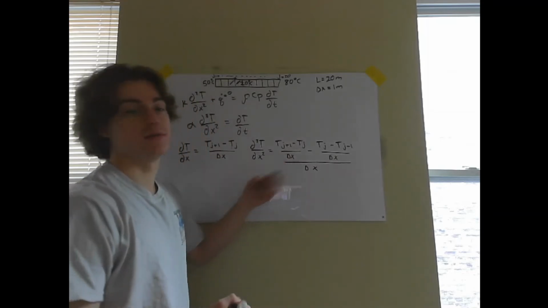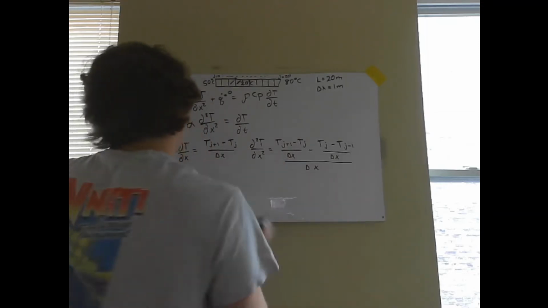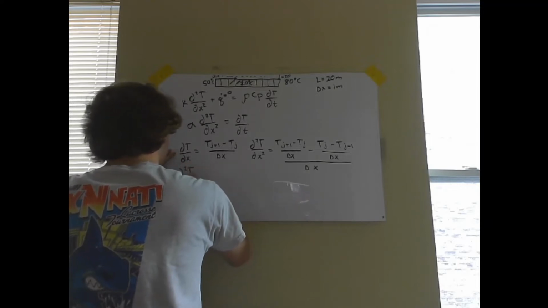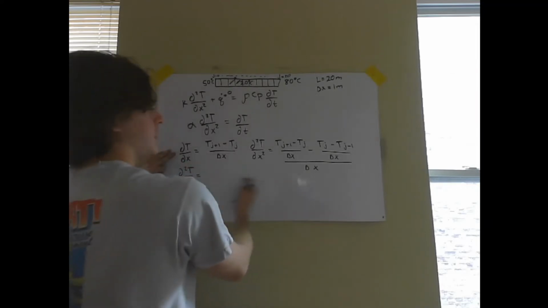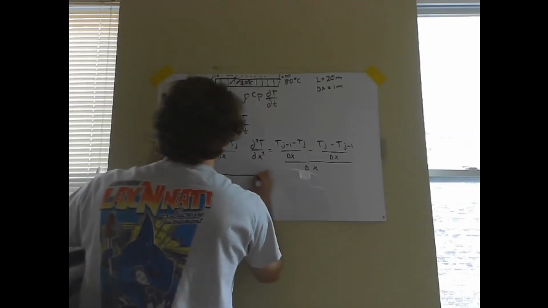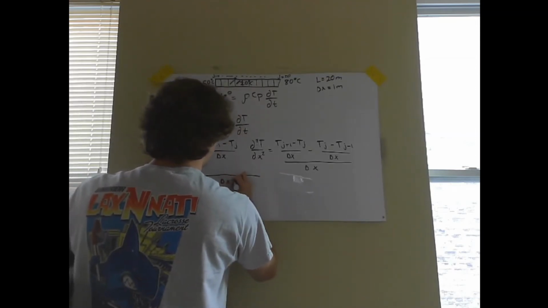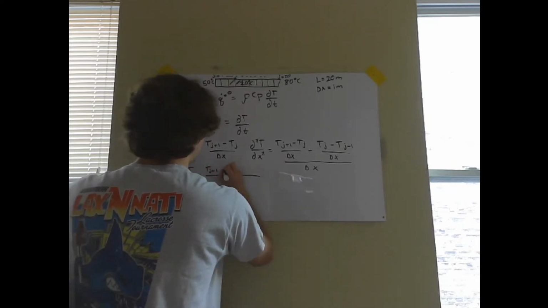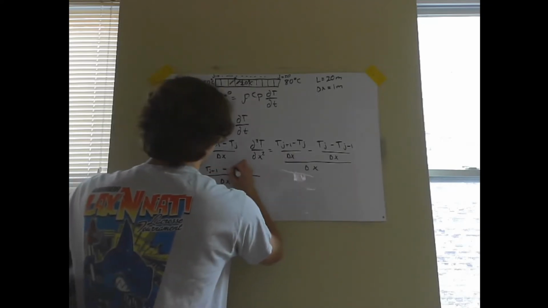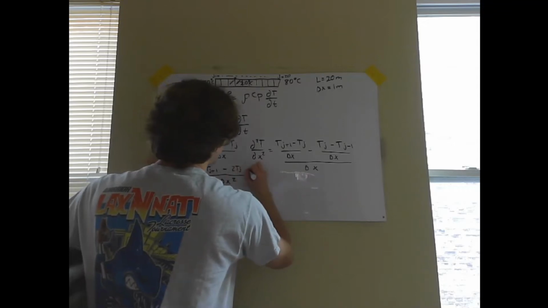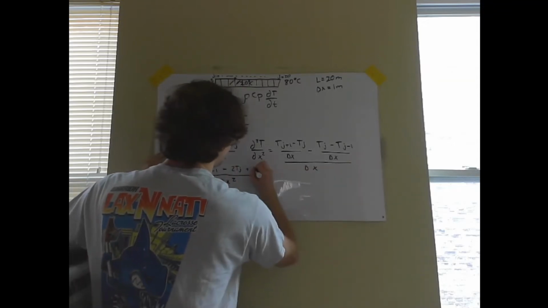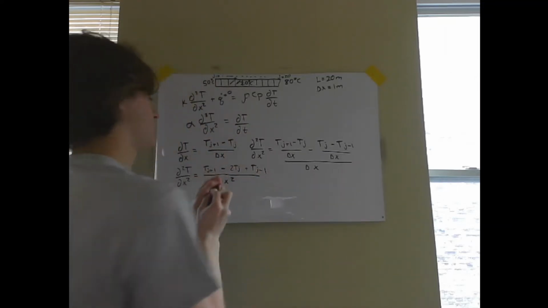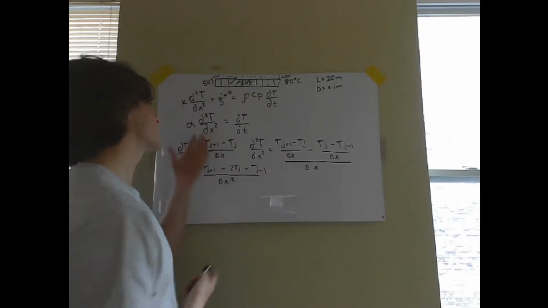And so now I'm just going to simplify this with a common denominator. The common denominator will just be delta x squared. And so we'll have Tj plus 1 minus 2 Tj plus Tj minus 1. And so this is our approximate form for the second derivative.